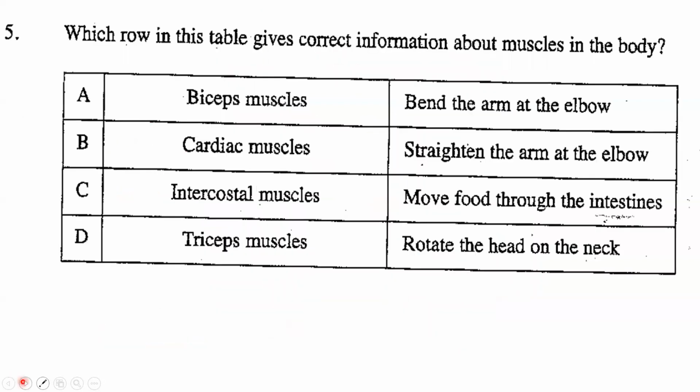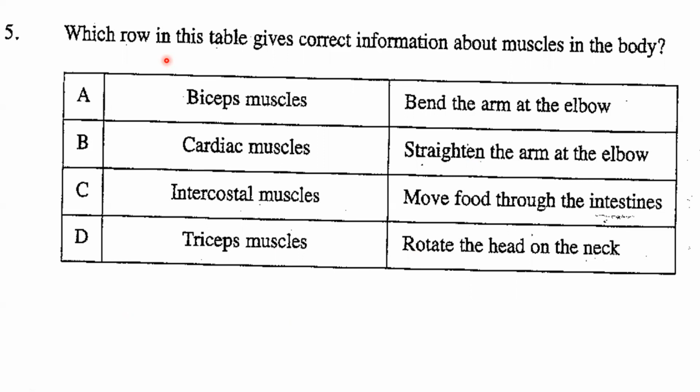And the last question. Jeremiah, are you there? Yes, sir. Can you read this question, please? Number 5, which row in this table gives correct information about muscle in the body?